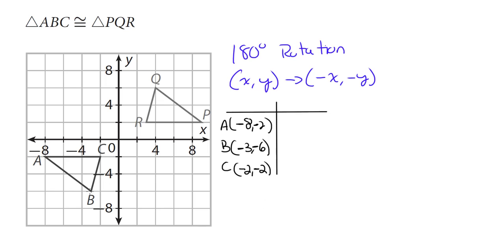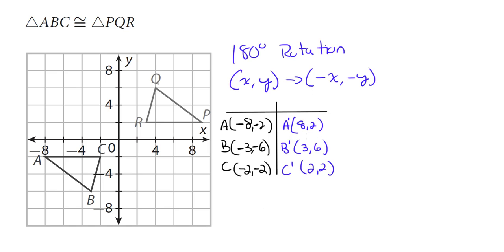B, notice B is halfway. This is counting by 2. So this is negative 3, comma, negative 6. And C is at negative 2, comma, negative 2. So then that would put A prime at 8, comma, 2. And B prime at 3, comma, 6. And C prime at 2, comma, 2.